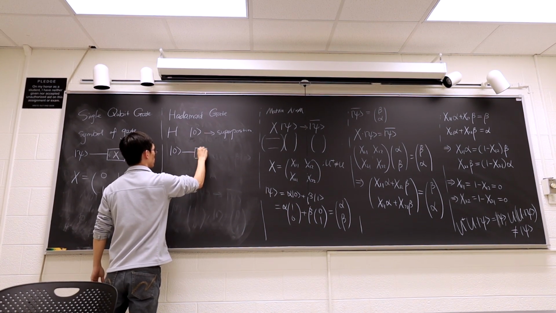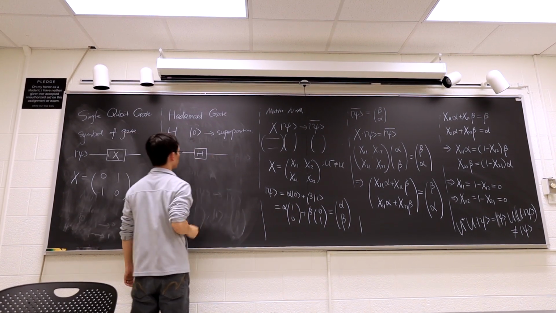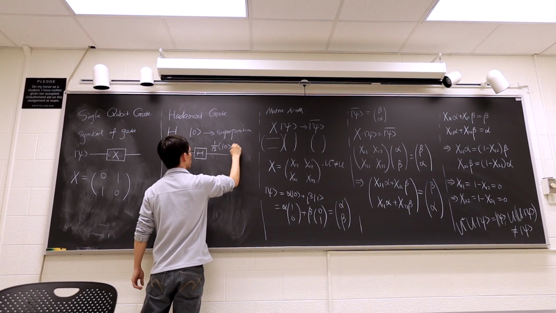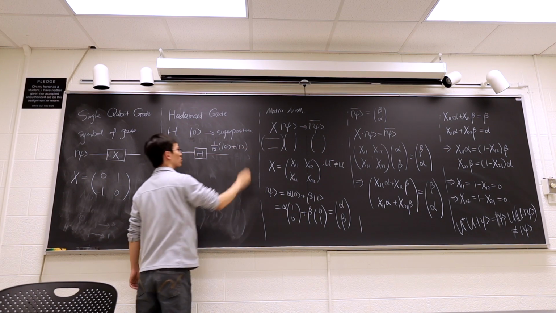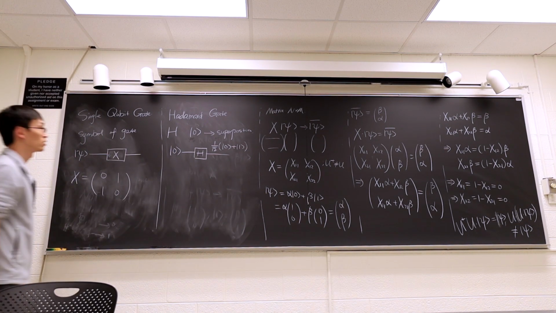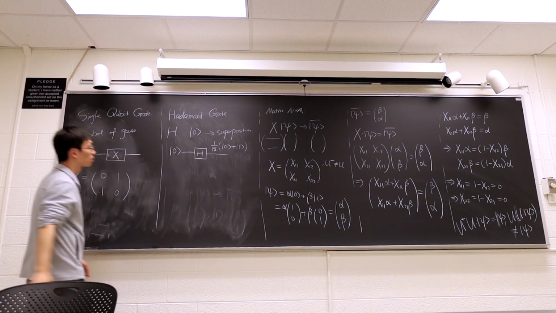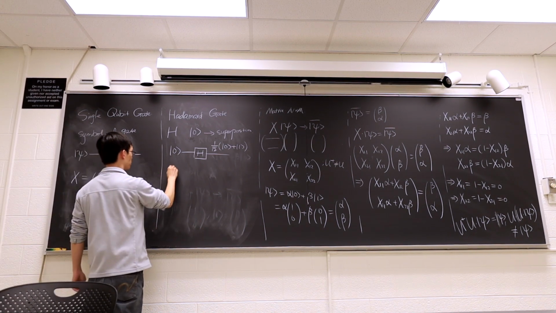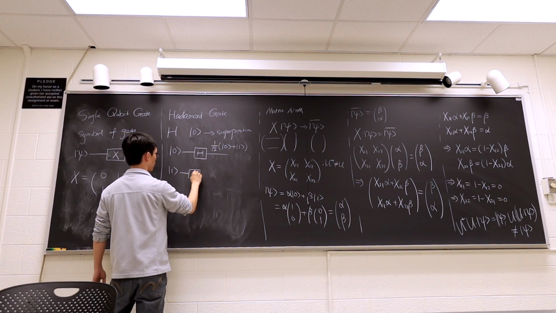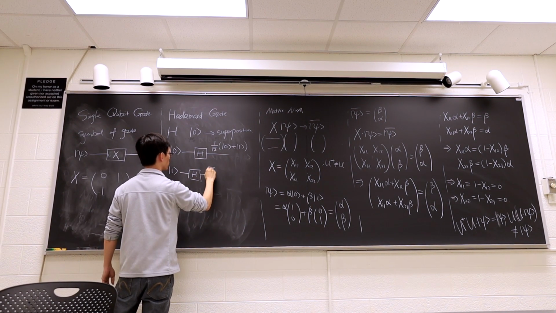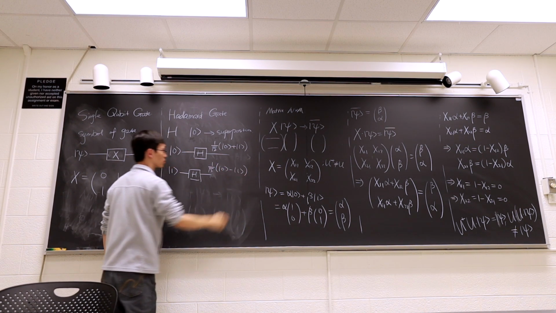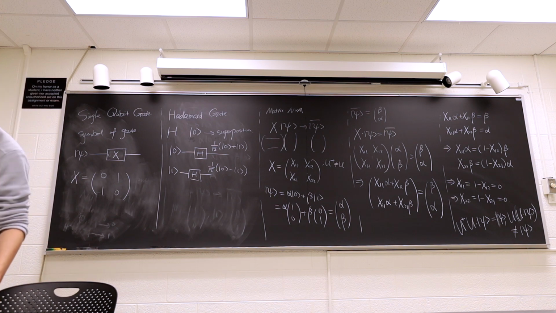So this H gate is defined as, if you do this, you go to 0 plus 1. It's one type of superposition. And if your state is 1, then after the H gate, it should be 0 minus 1.